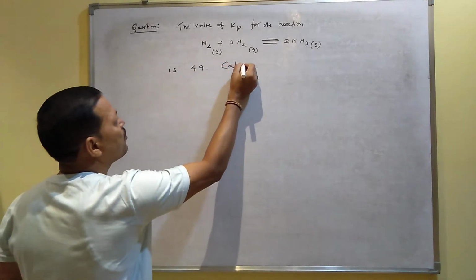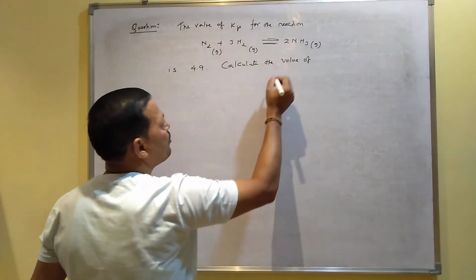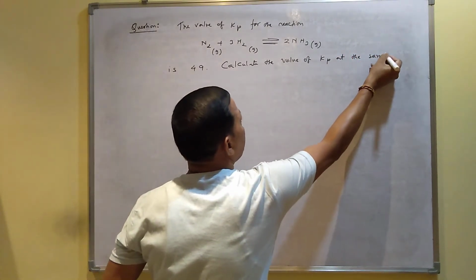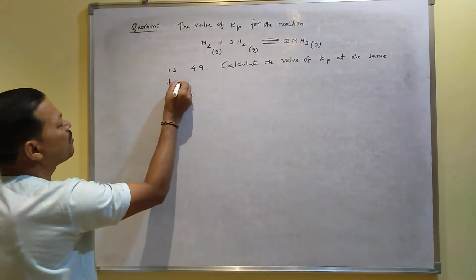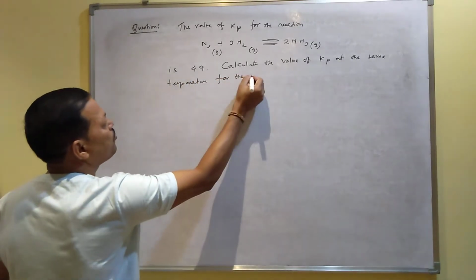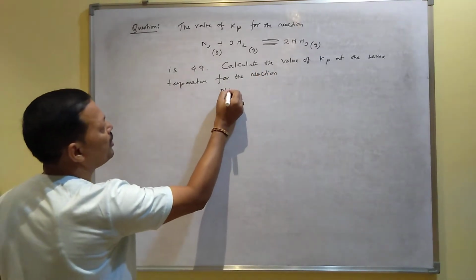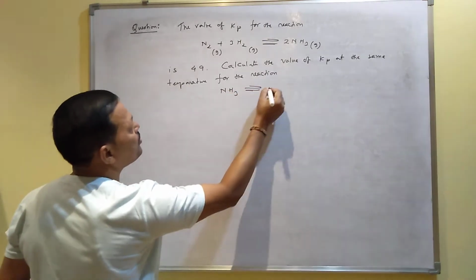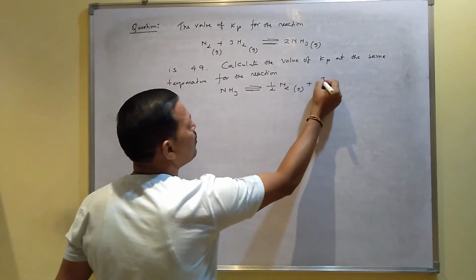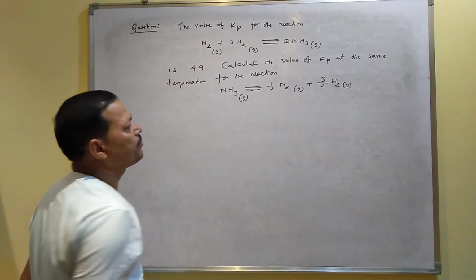Calculate the value of Kp at the same temperature for the reaction NH3 gives 1/2 N2 plus 3/2 H2. So this is your question.